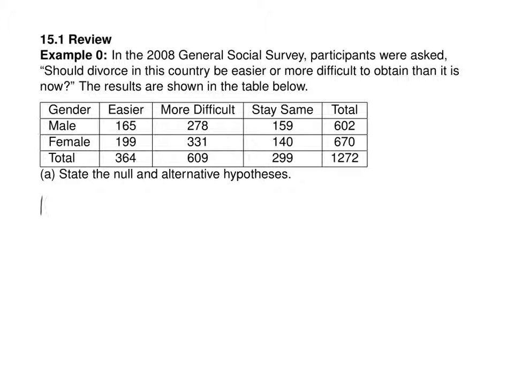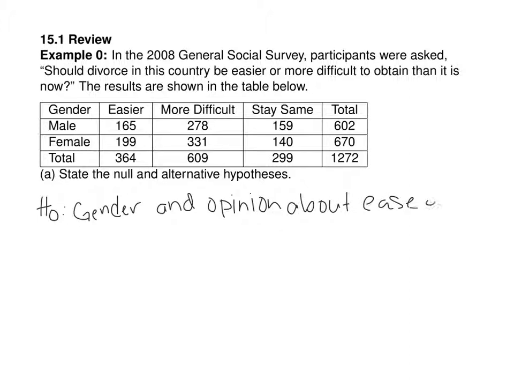So the null hypothesis is that gender and opinion about ease of divorce are unrelated. In these examples, you almost always write your null hypothesis and alternative hypotheses in words just because there's no sort of symbols that are obvious.